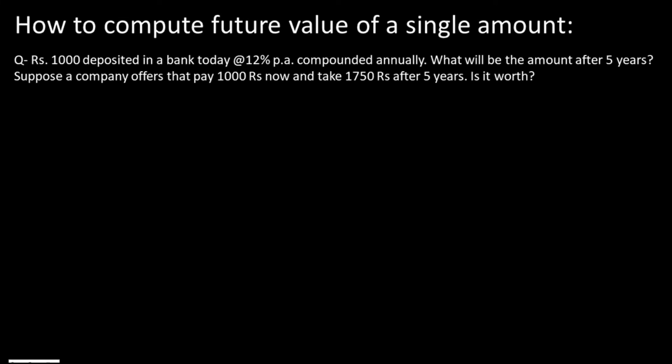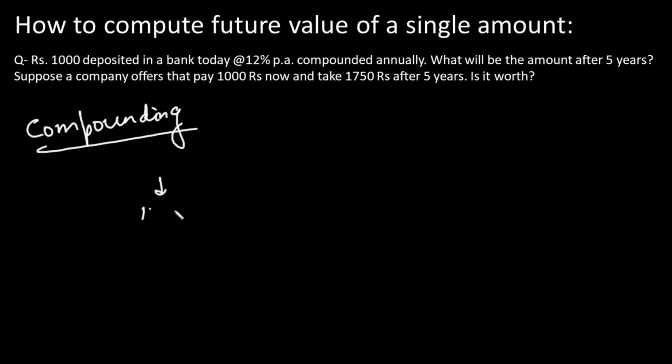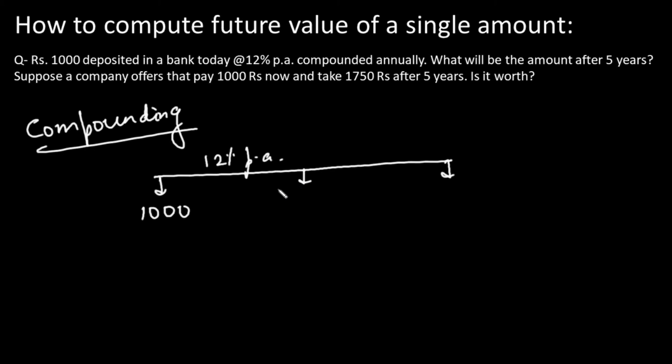Now coming to the first concept. Basically, in childhood, what did we learn about compounding? Compounding was basically if I have 1,000 rupees right now and it is 12% interest per annum, let's say, and this amount becomes 1,000 plus 120, that is 1120 in the next year.